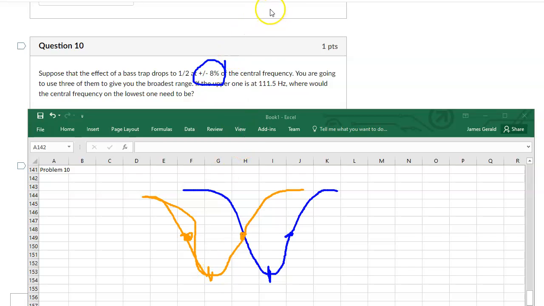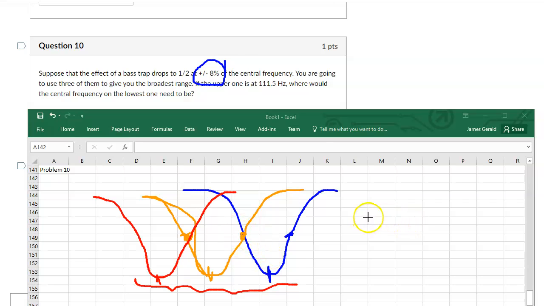And then, because I love you, we have a third base trap that has to cross over at that same point. And the goal with all of this is to provide a relatively flat frequency response across a broader range, right? So you've got to start with this, and you've got to go down 8%.